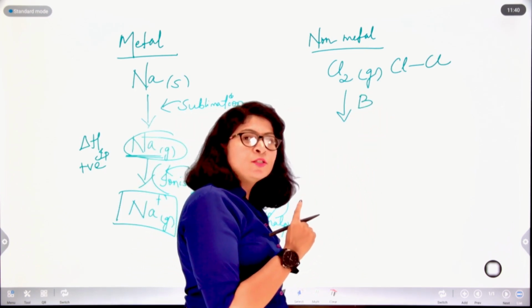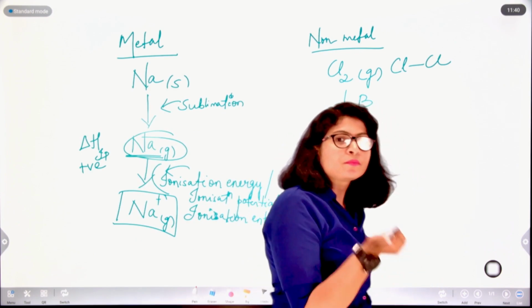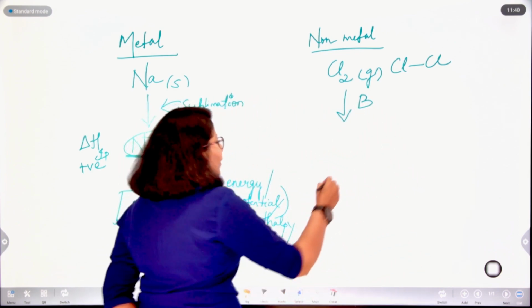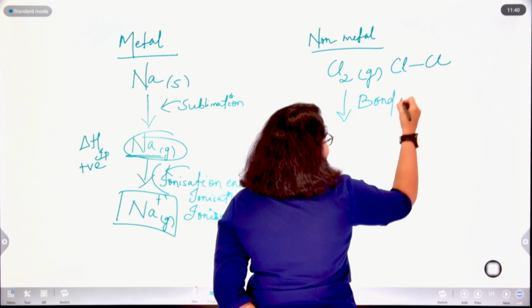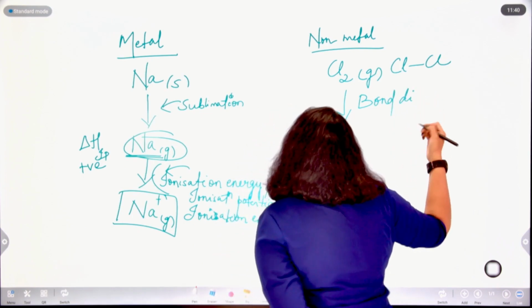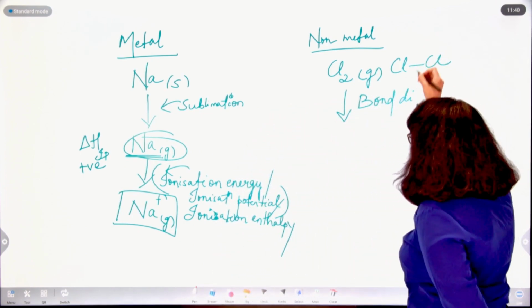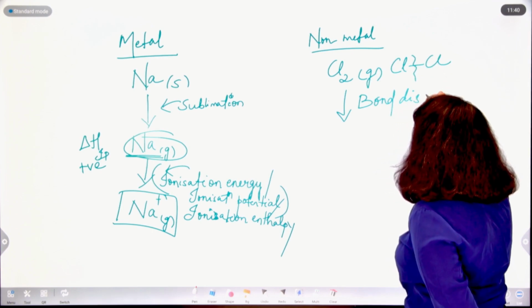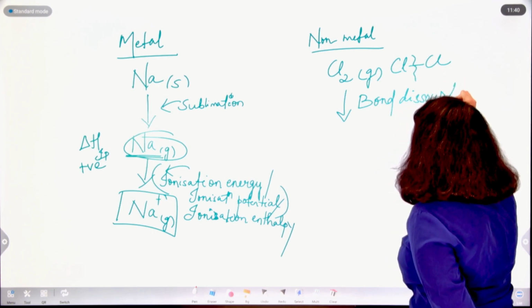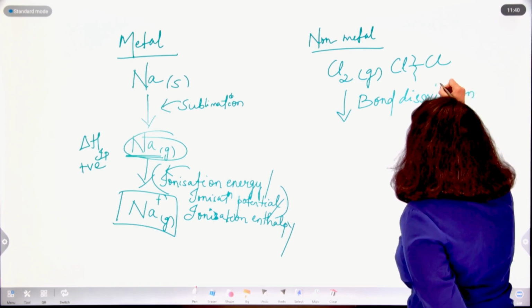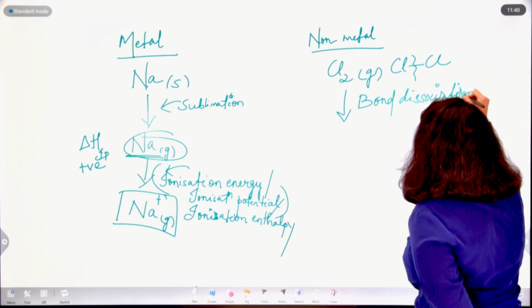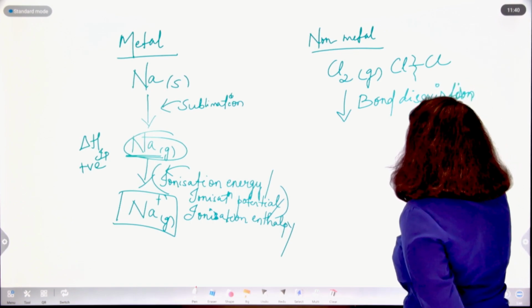Breaking the bond is otherwise known as dissociation of the bond. So the amount of energy that is given to break this bond is called bond dissociation energy.